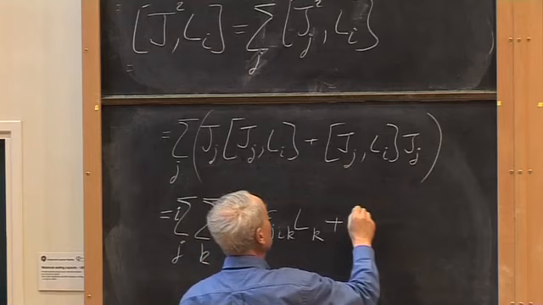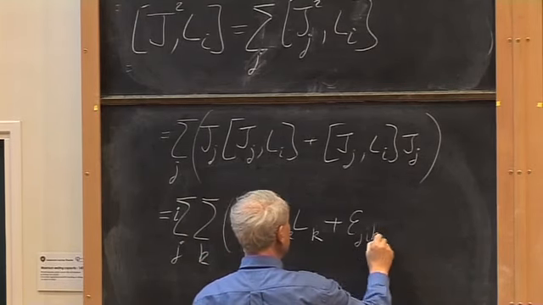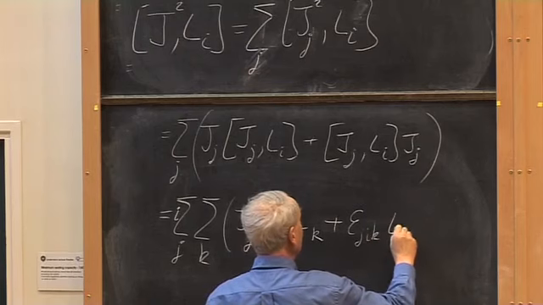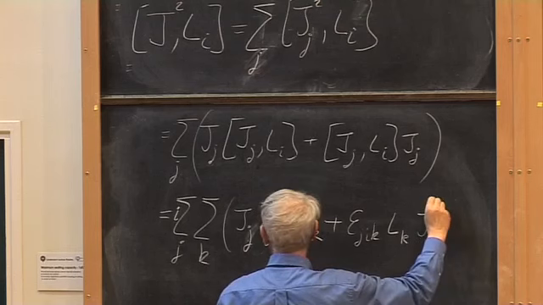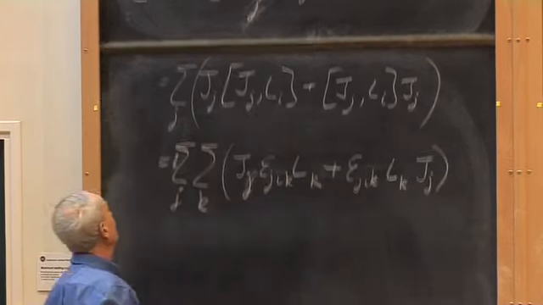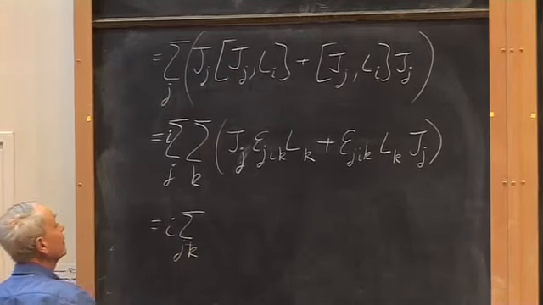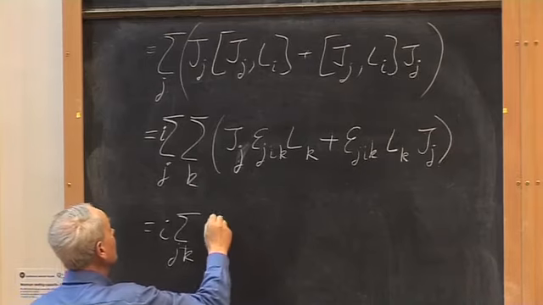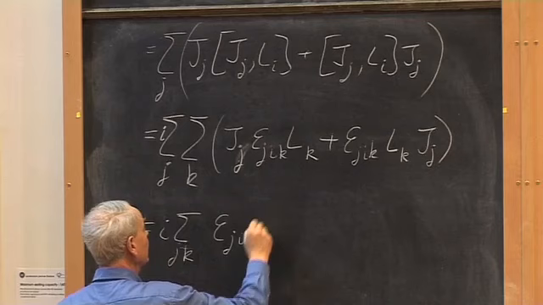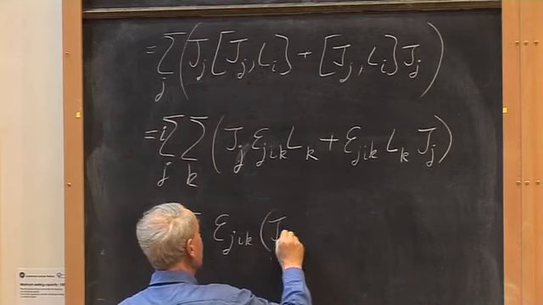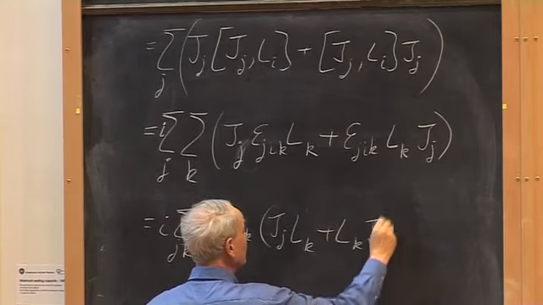And then here we will have the same thing, epsilon jik times Lk times Jj in the back. So we can clean this up into i times the sum over both j and k, going over x, y, and z, of epsilon jik times Jj Lk plus Lk Jj.